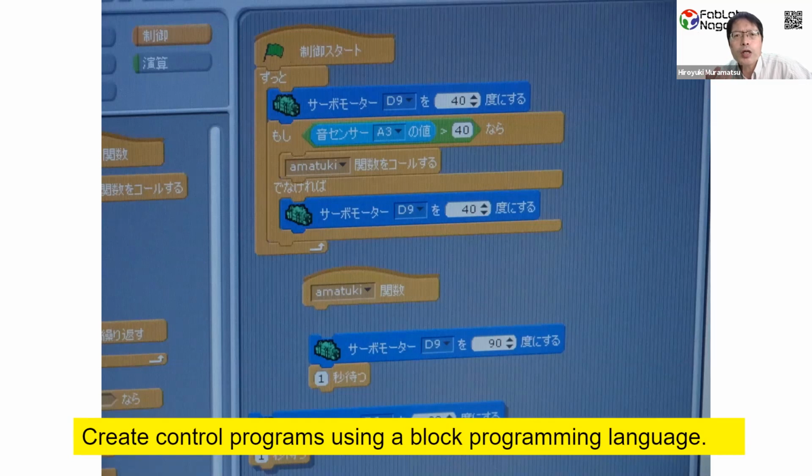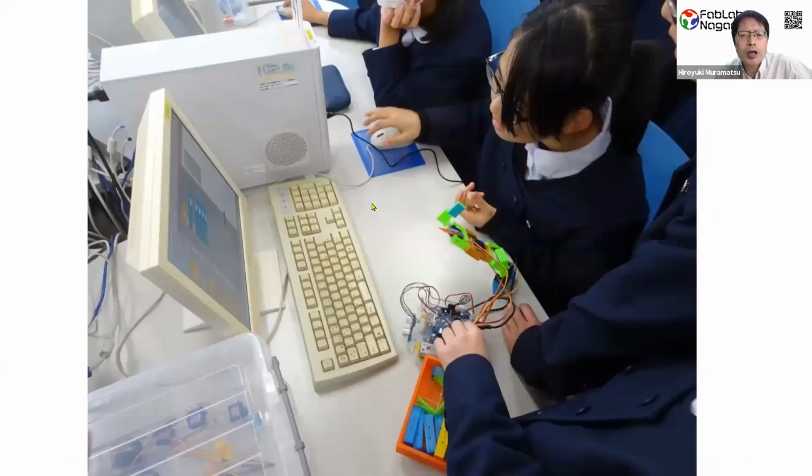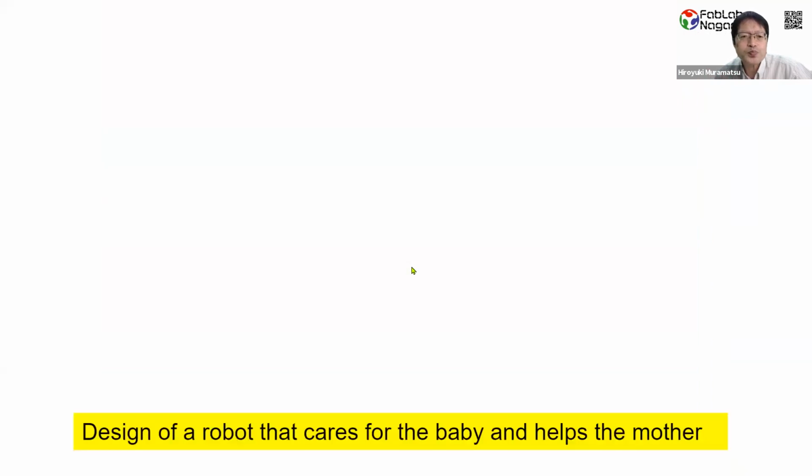So junior high school students are programming using this block type programming. And this picture shows debugging the control programs, with robot hand control.